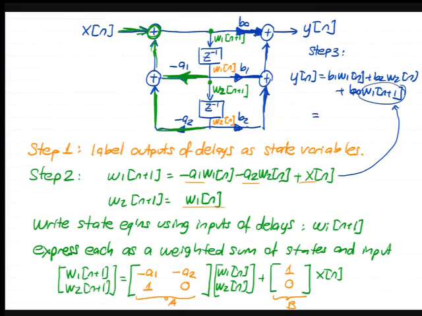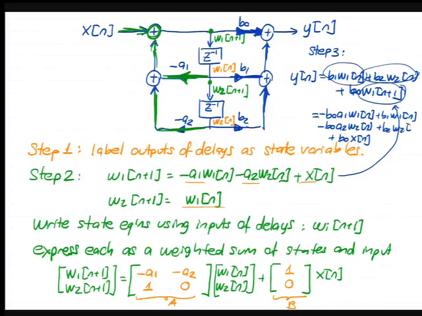So that will give us negative B0 A1 W1 of n minus B0 A2 W2 of n plus B0 times x of n, right? And then I have these additional terms hiding here, this is B1 W1 of n, and this is going to add to this B2 W2 of n.